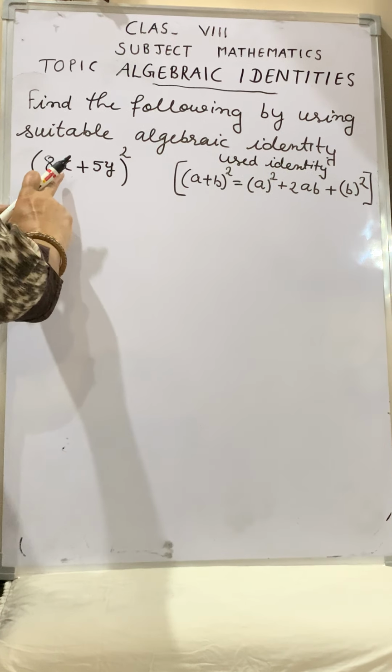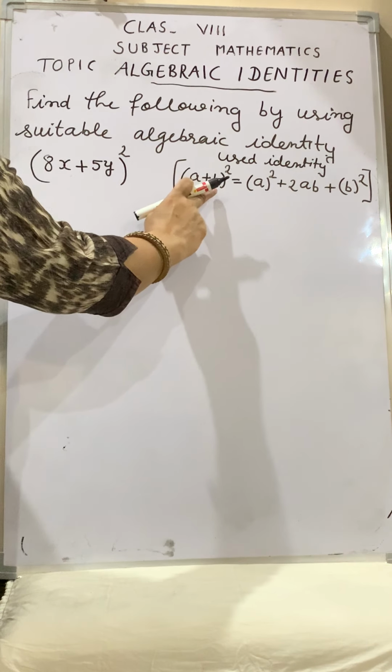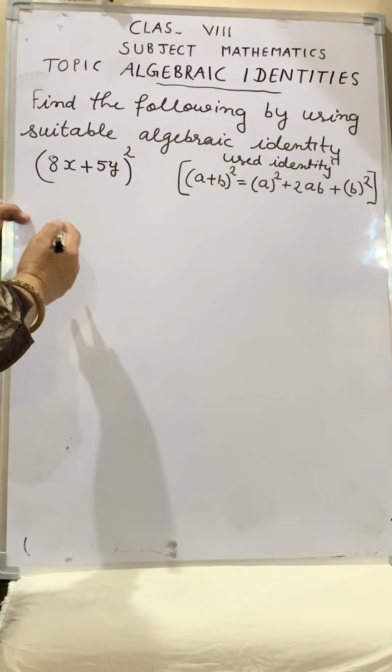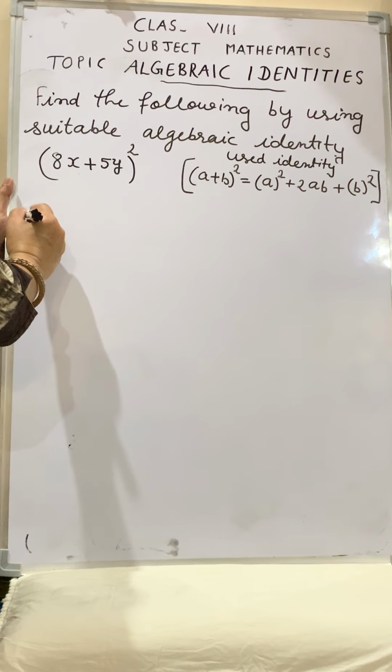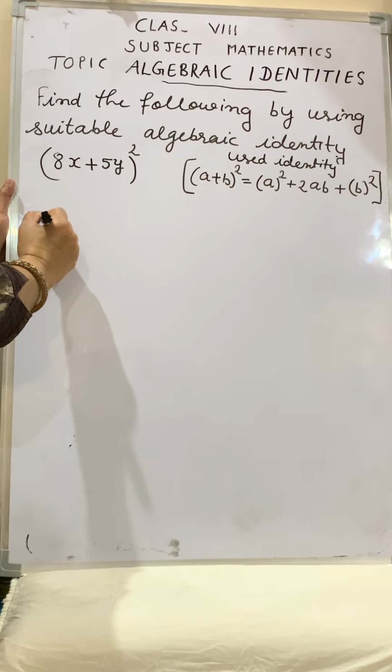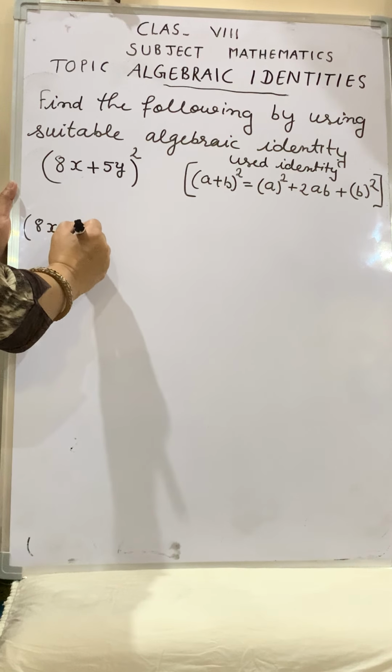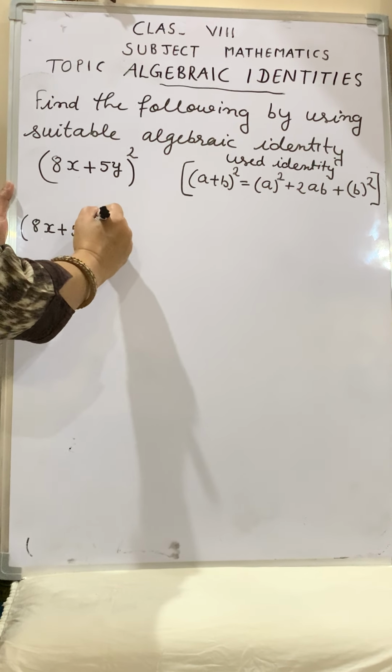In the question, what is a? 8x, and what is b? 5y. So first of all we write the left hand side, (8x + 5y) whole square.